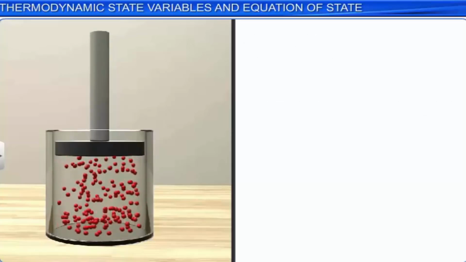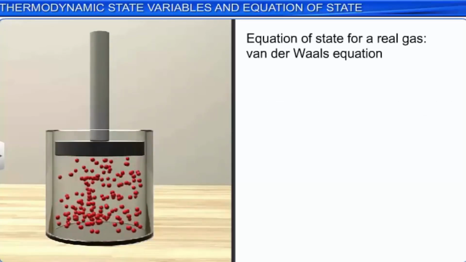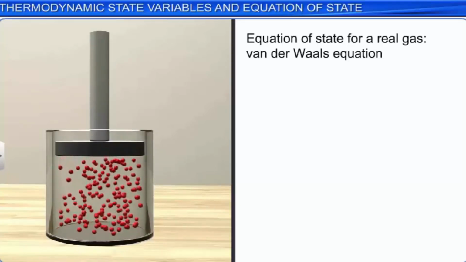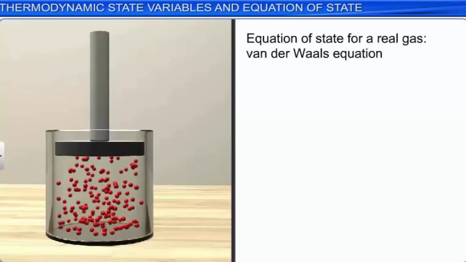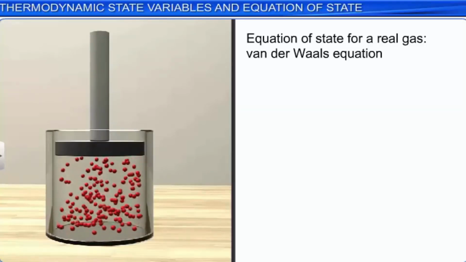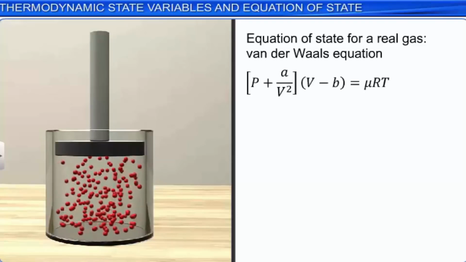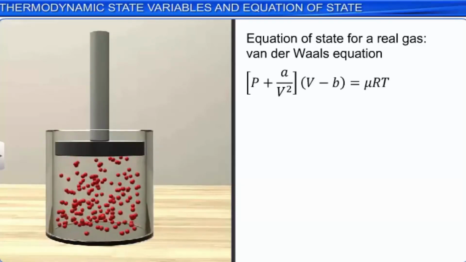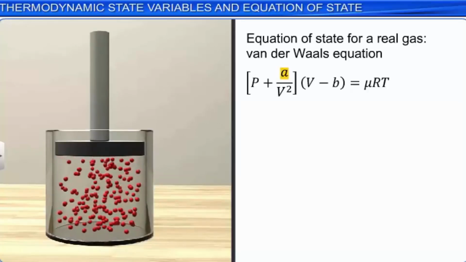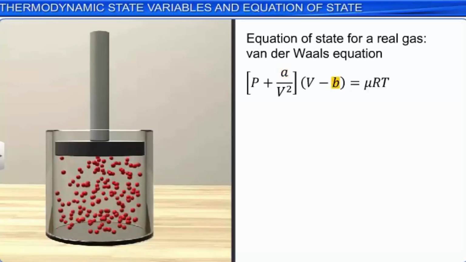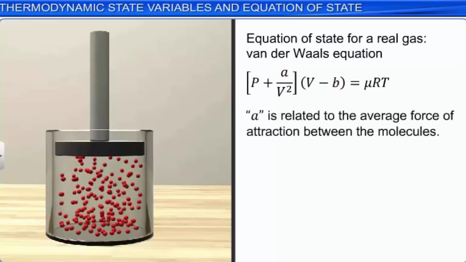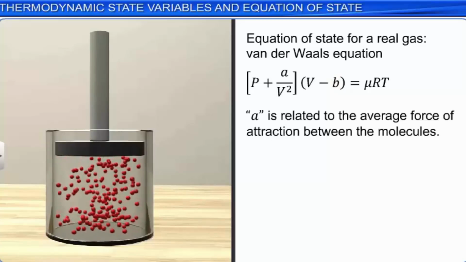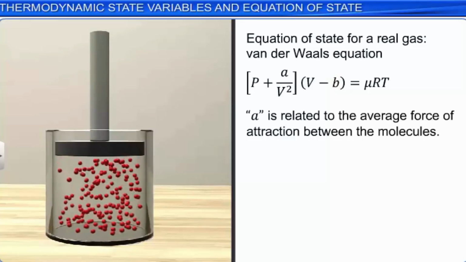By taking the above two facts into consideration, van der Waals has derived an equation of state for a real gas, which is (P + a/V^2)(V - b) = mu RT, where a and b are constants. The constant a is related to the average force of attraction between the molecules, and the constant b is related to the total volume of the molecules.